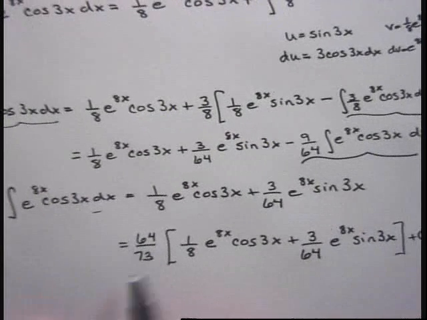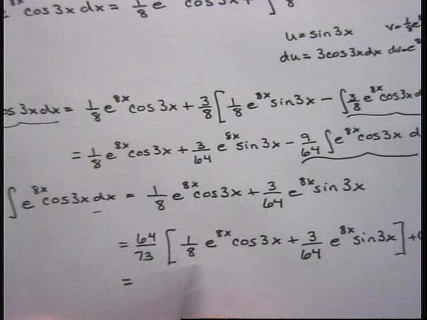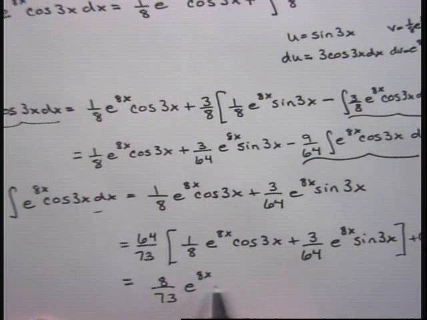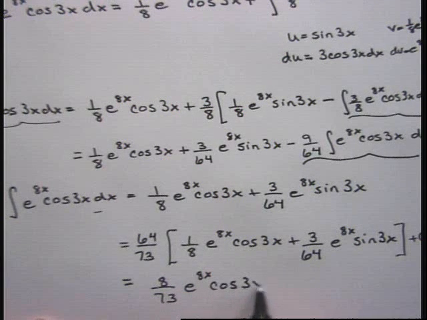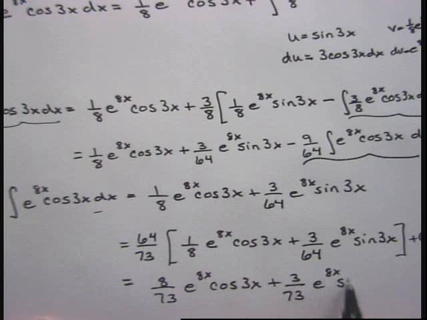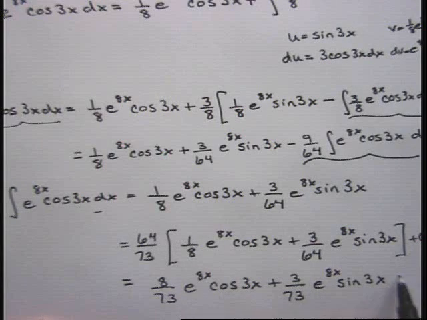And so then I guess you could distribute this through. So this is going to be 8/73 e to the 8x cosine 3x plus 3/73 e to the 8x sine 3x plus c.